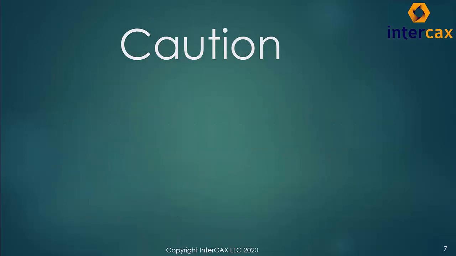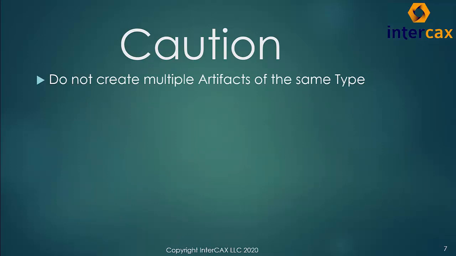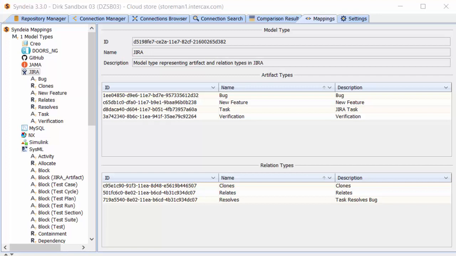One further caution based on user tech support experience. Do not create multiple artifacts of the same type. In the Mapping tab under Model Types, we can see a list of artifact types listed for each tool, for example, in Jira.